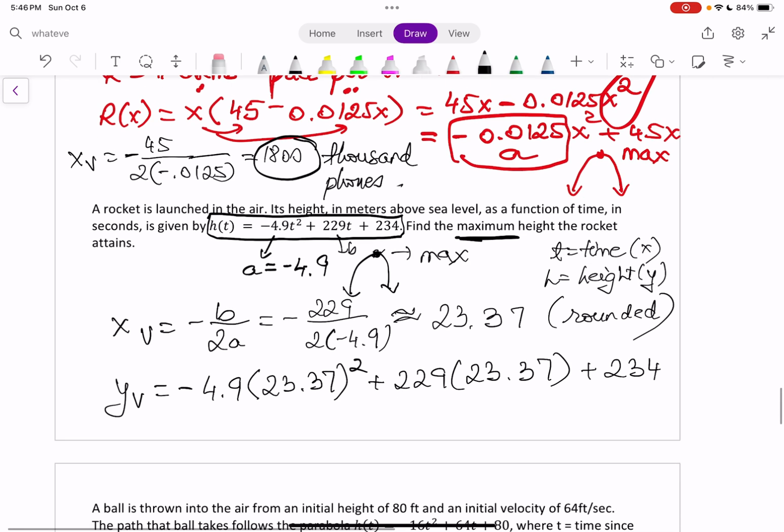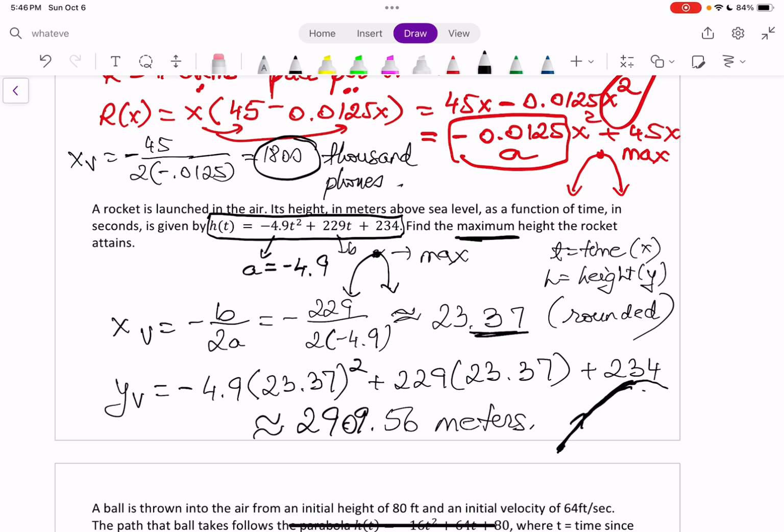So the maximum height in meters, as the problem says, is about 2,909.56 meters. If you round it a little differently, you might have gotten a slightly different answer. Don't worry about it. The point is, again, anything that's launched up into the air, what's going to happen to it?